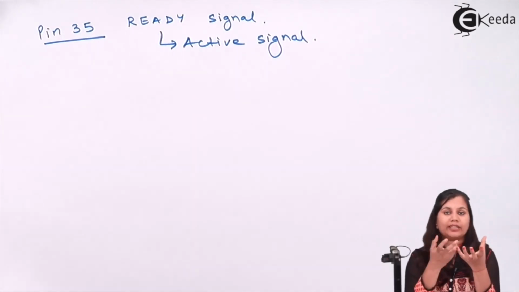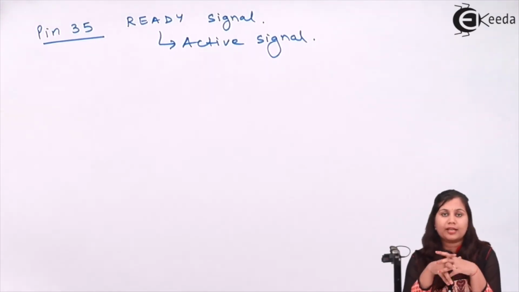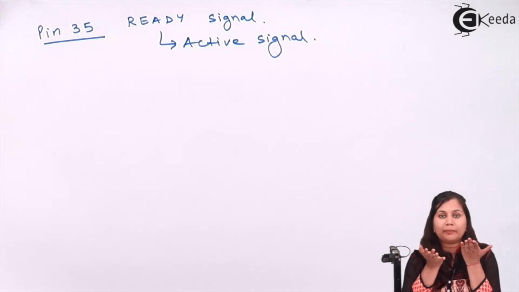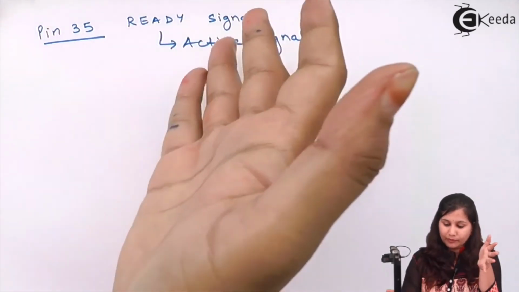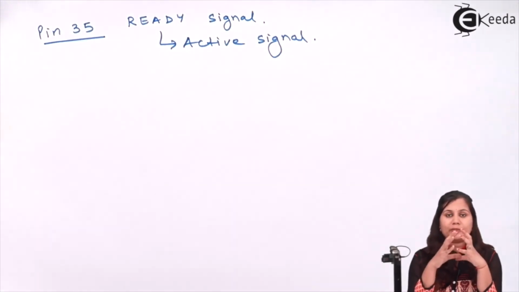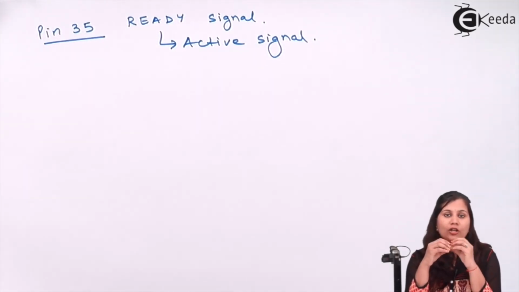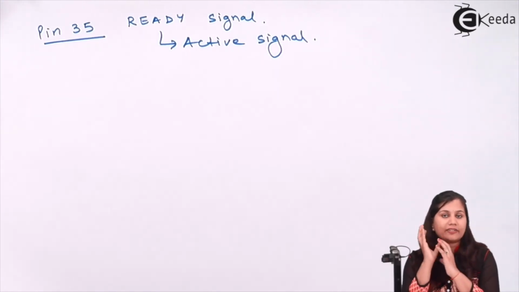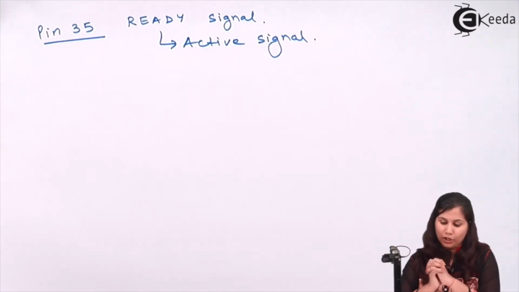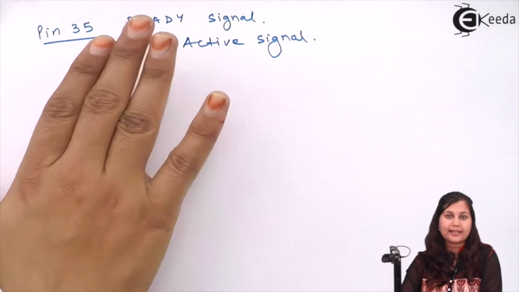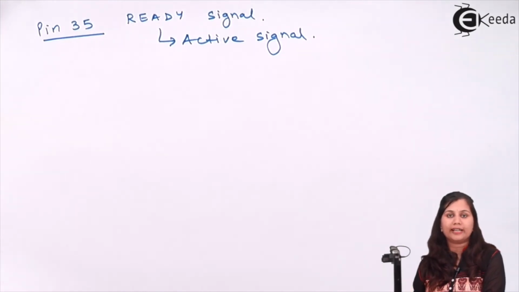Maybe the device which we have connected with the microprocessor is slow in its operation, or maybe it is fast in its operations. So to synchronize the working of the microprocessor with that device, we have a signal, the ready signal. So whenever this signal is high, it means that the peripheral device which is connected to the microprocessor is ready for its operation.